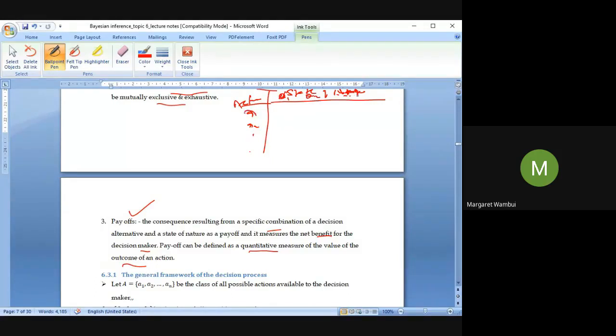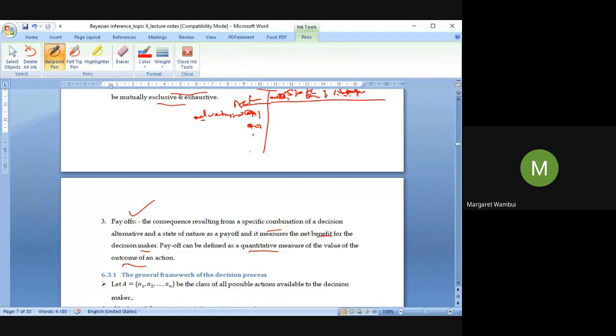So for example, in the scenario of taking a new product to the market, maybe the first action here is advertise. That's the first action that you take, advertise. So what is, for example, the cost? You can even call it the cost of advertising.